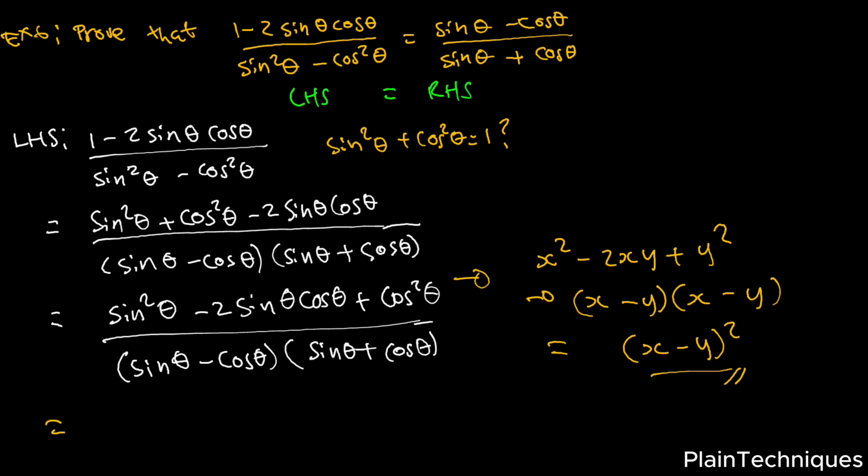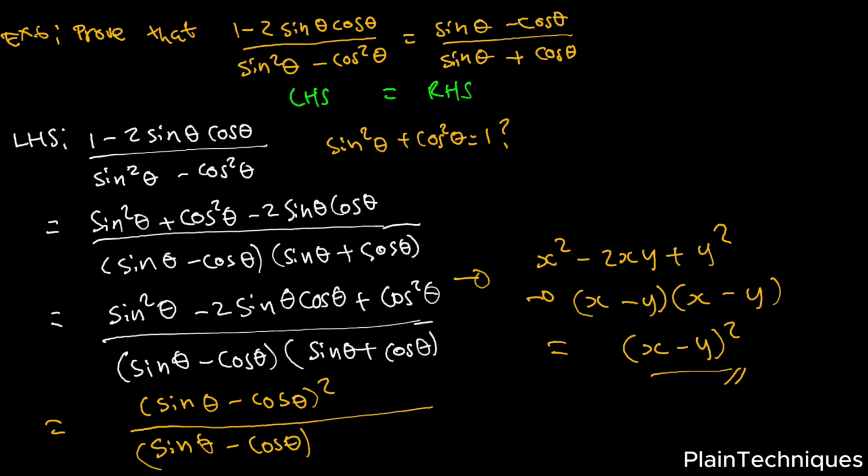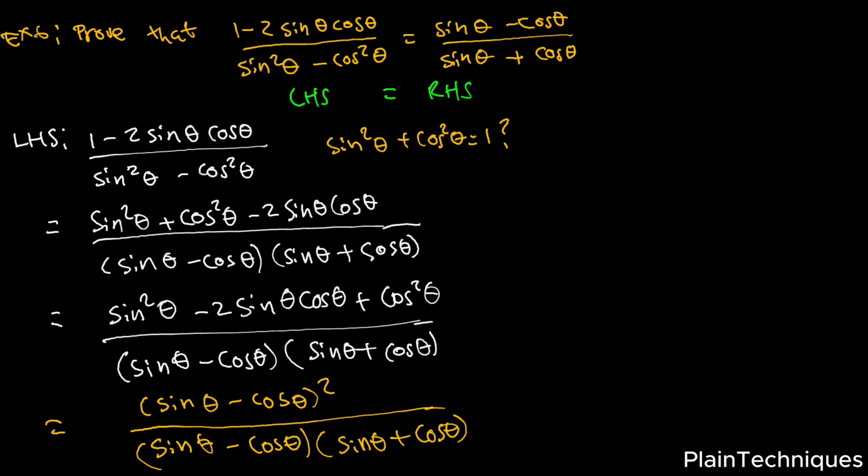So the numerator will be sine theta minus cos theta squared, divided by sine theta minus cos theta, sine theta plus cos theta. Let's remove this part. All right, now what do I have?